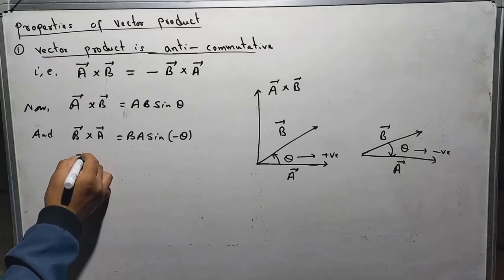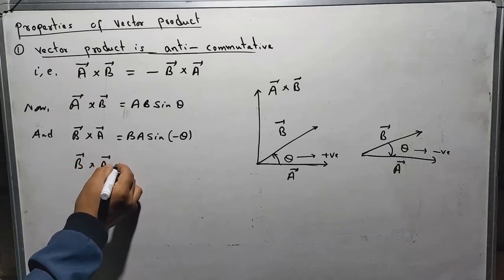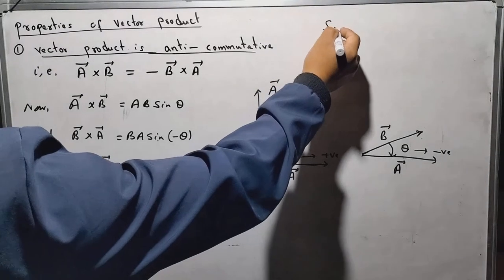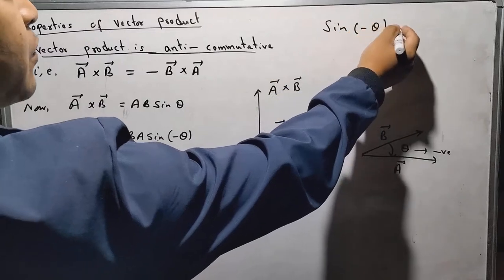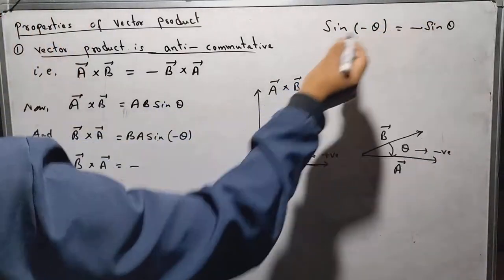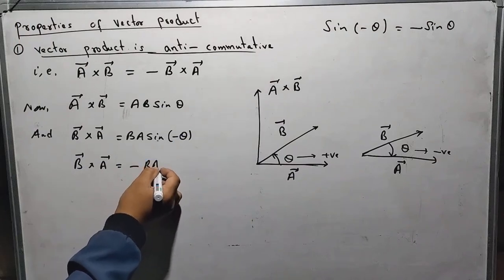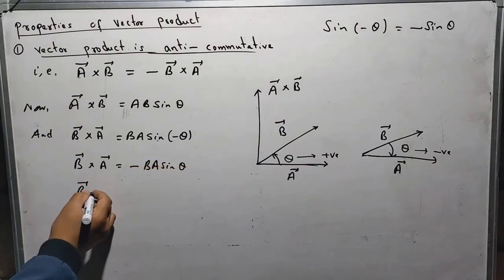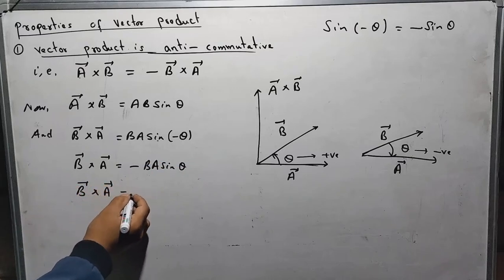Or B cross A is equal to, we know sine minus theta is equal to minus sine theta. So taking this minus in front, I'll write BA sine theta, or B cross A is equal to minus.